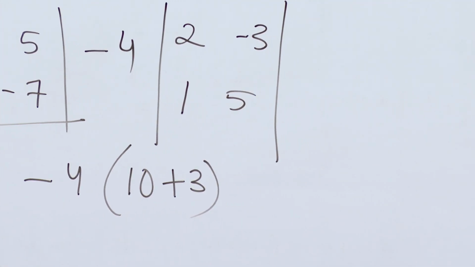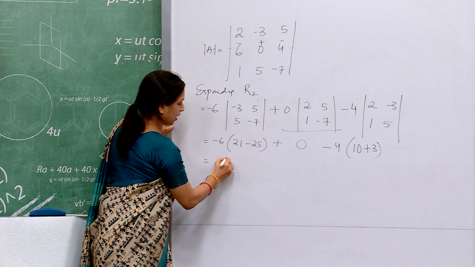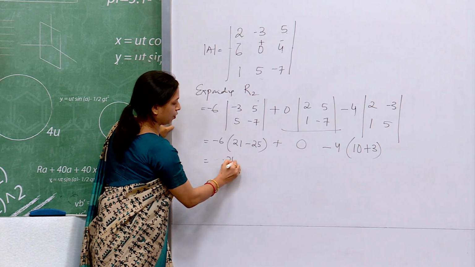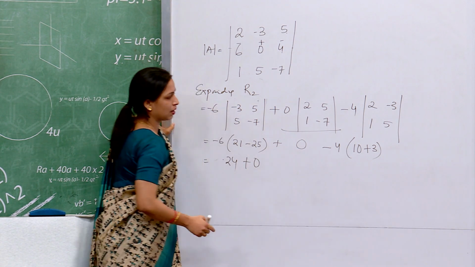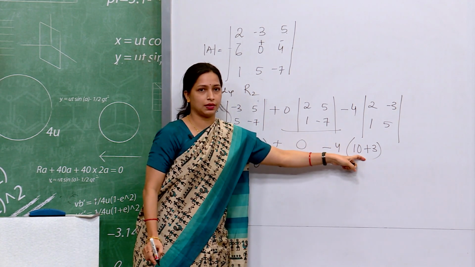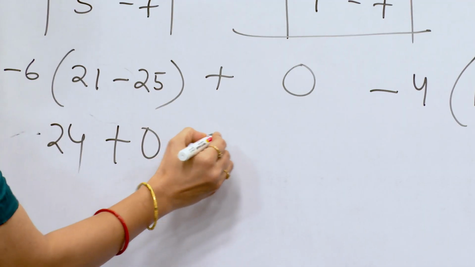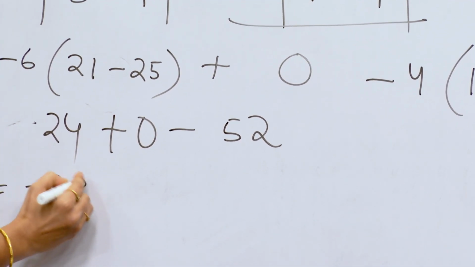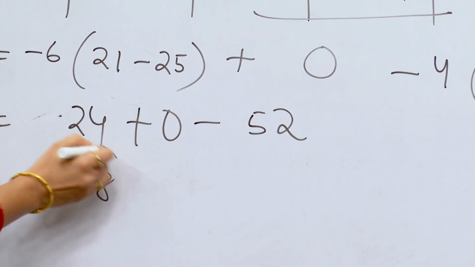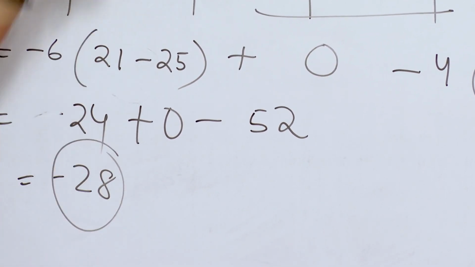So, here we get minus 6 into minus 4, that is 24, right, plus 0, and here we get minus 4 into 13, that is 52. So, we get minus 52. So, the resultant is minus 28. This is the value of this determinant.